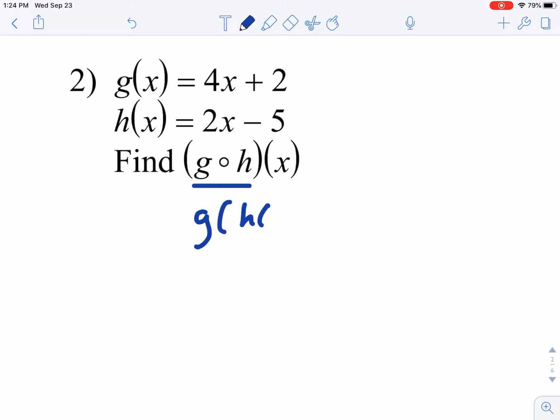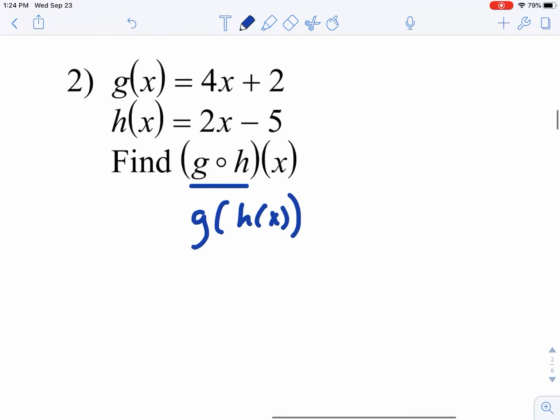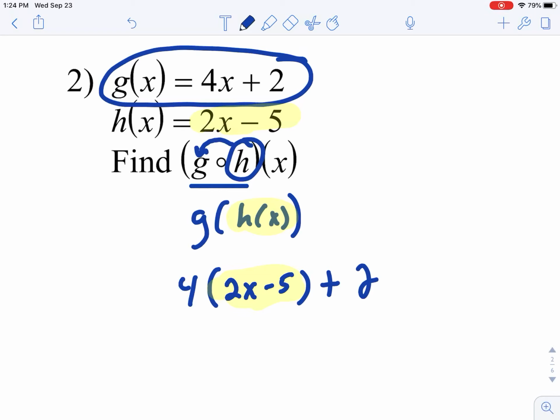I start with g of x, that's 4x plus 2. But notice instead of x, I put down a blank set of parentheses. Inside those parentheses, you plug in h of x, the other function, which is 2x minus 5. So the second function went into the first function.